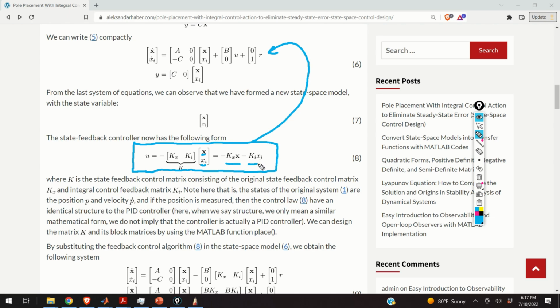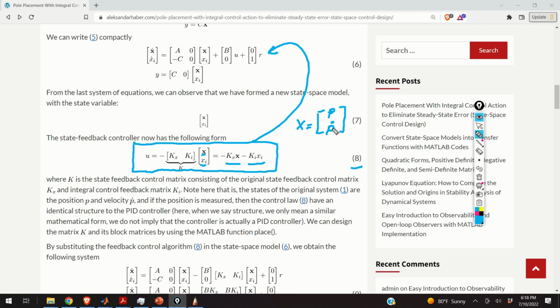So over here, you can actually see the structure of your controller. For example, if our original x is the position and velocity of the system, and we are considering a system that comes from Newton's law, you can see that this control equation resembles a PID controller, right?